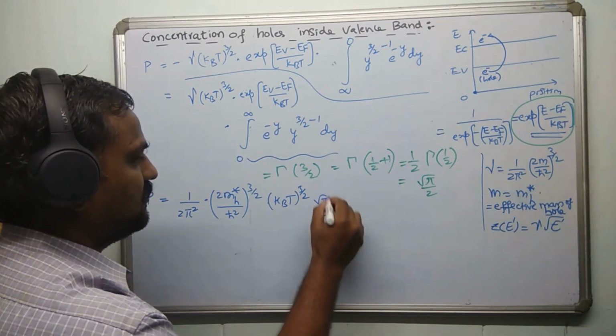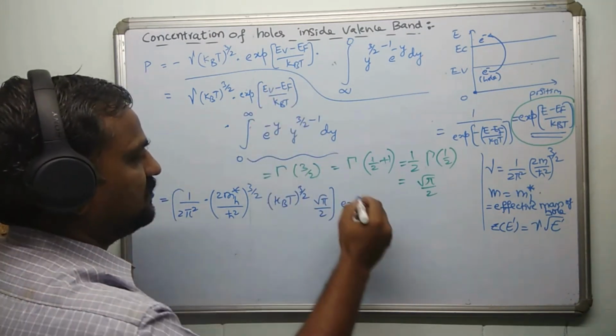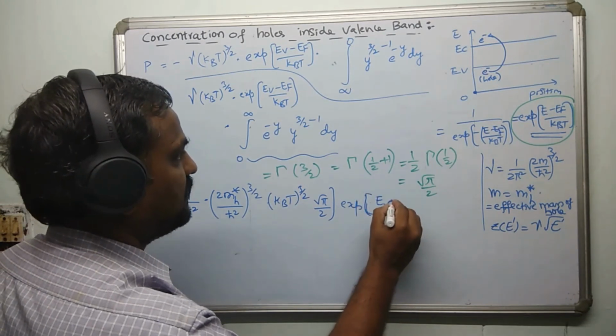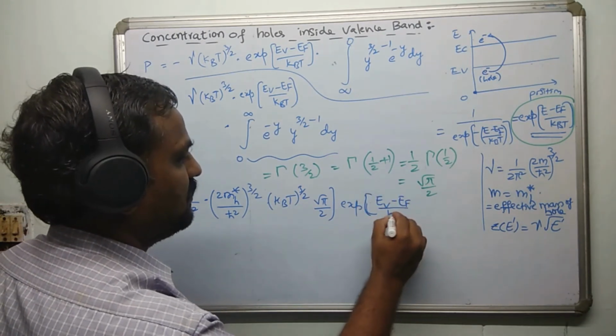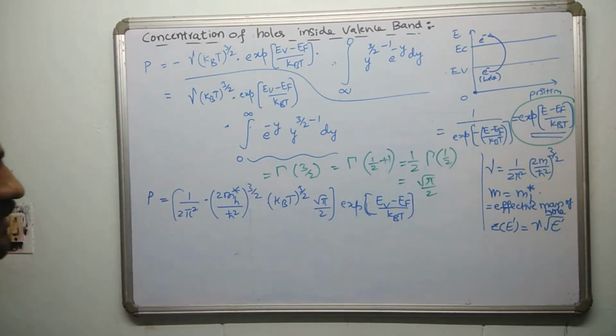This entire term along with an exponential of this term, (EV minus EF) divided by kBT. So keep it aside, and we have already done this.